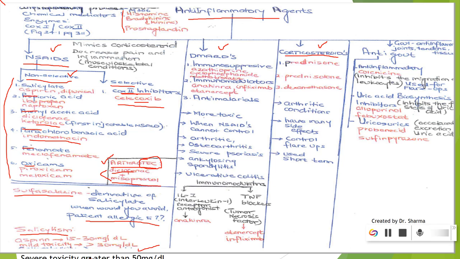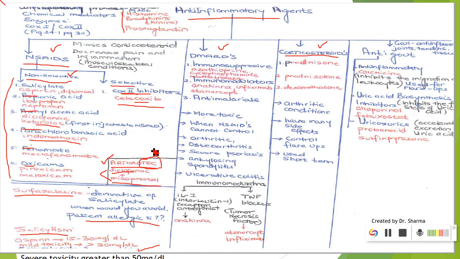Since it inhibits both COX-1 and COX-2: renal impairment, gastric erosion, bleeding tendency. With COX-2, it helps reduce pain and inflammation, but it poses a risk to those patients who have some heart conditions, especially myocardial infarction and stroke.